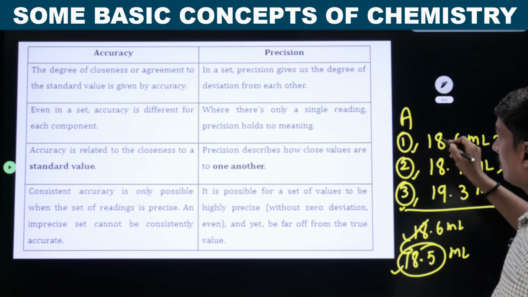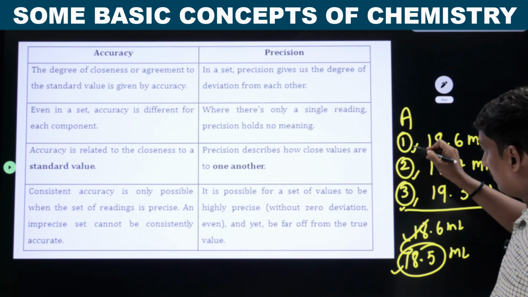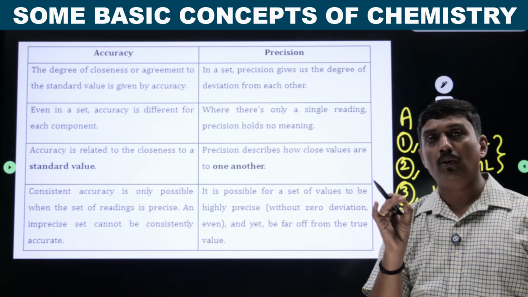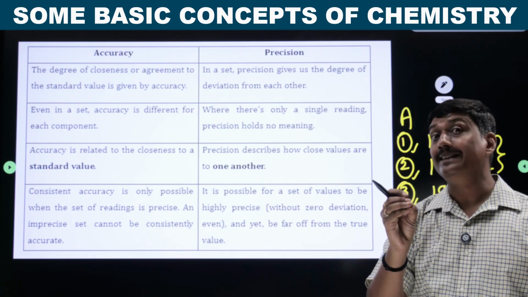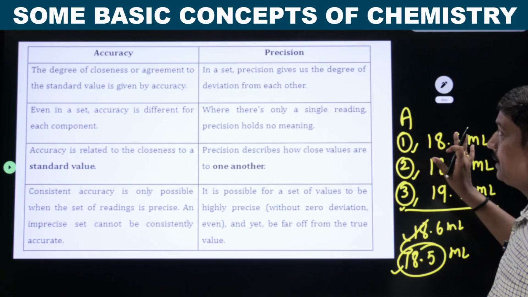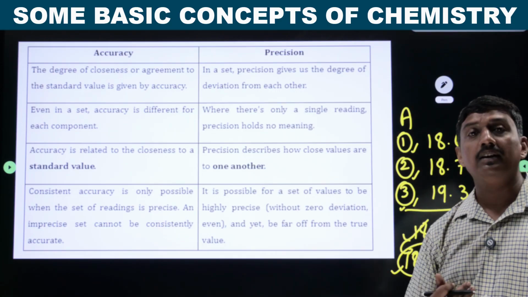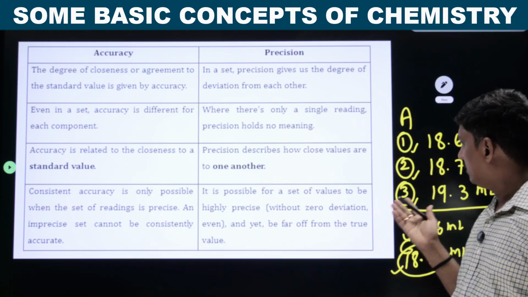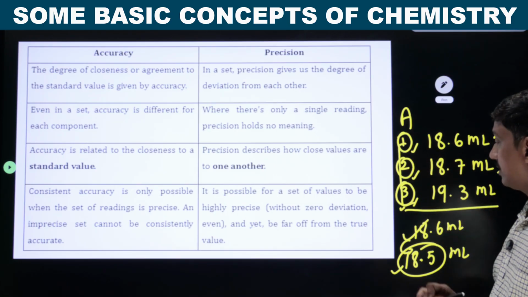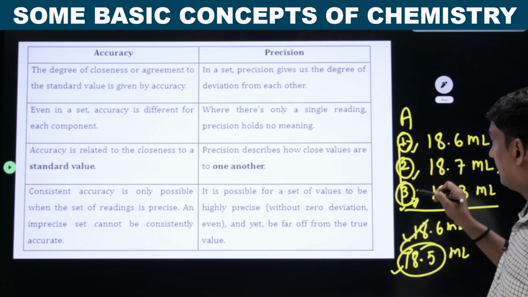These two values are considered to be precision because the first and second values are almost the same with a small change or a small error. This 1 and 2 is considered to be a precision value. What is the relation between 1 and 3? This is also a value, but 1 and 3 are not considered to be precision because there is a difference in the value.